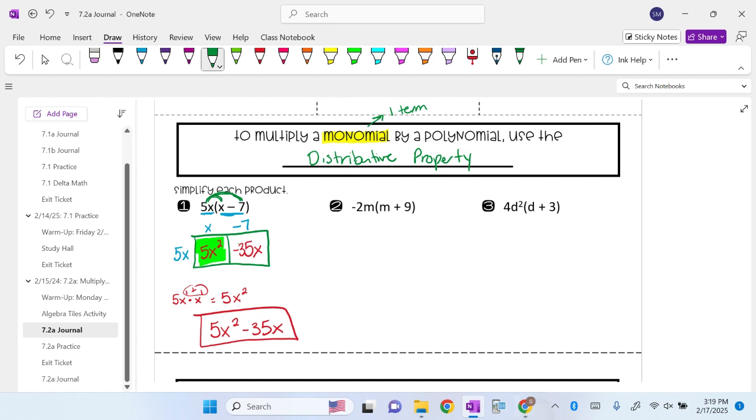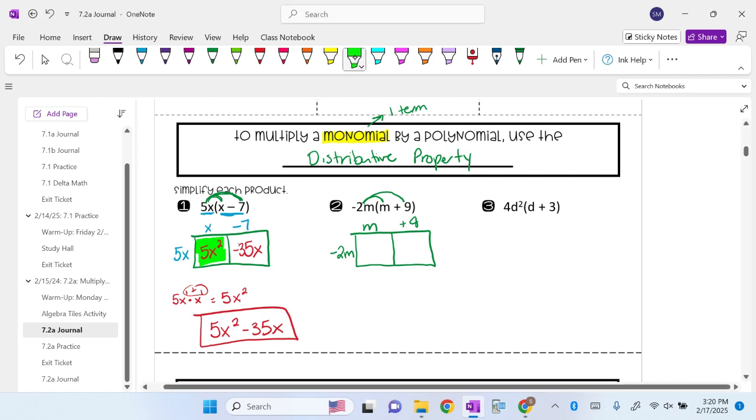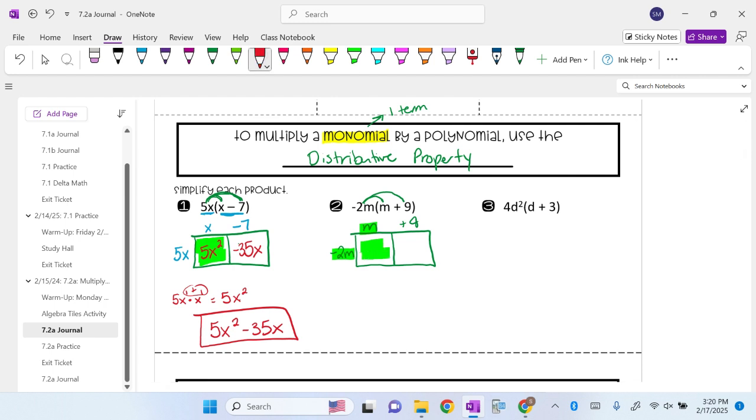All right, so for number 2, again, you can either do the old-fashioned way or you can do the box. So I'm going to show you guys through the box. Again, we're doing 1 by 2 terms, so this would be a 1 by 2 box. So I'm going to put my one term on the side, and I'm going to put m for one of the columns, plus 9 for the other column. So here, we're doing negative 2 times m.